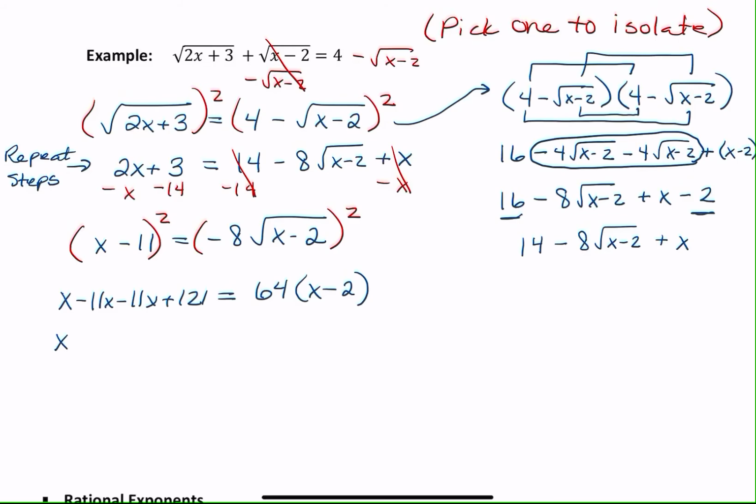So x squared minus 22x plus 121 equals 64x minus 128. I'm going to get it set equal to 0 by subtracting 64x from both sides and adding 128.